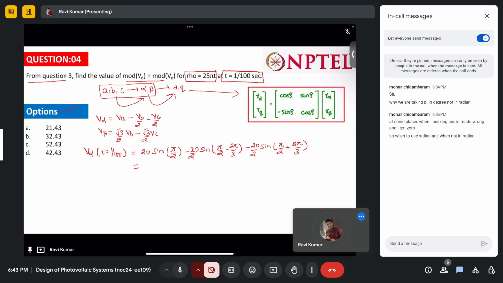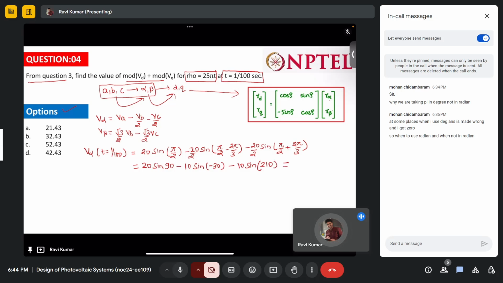It is like 20 sine 90 minus 10 sine of 90 minus 120, and minus 10 sine of 90 plus 120.